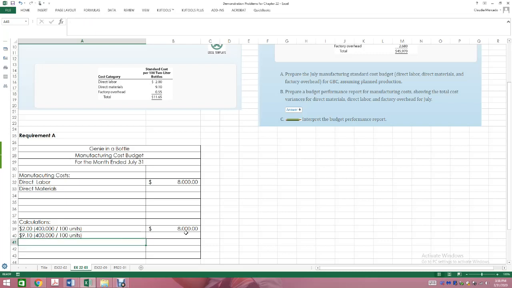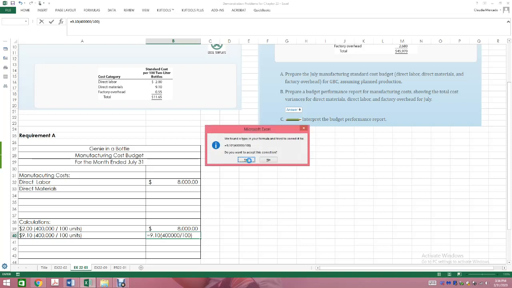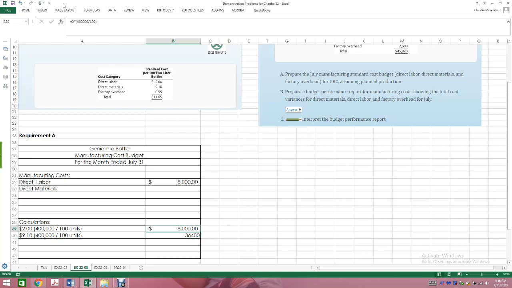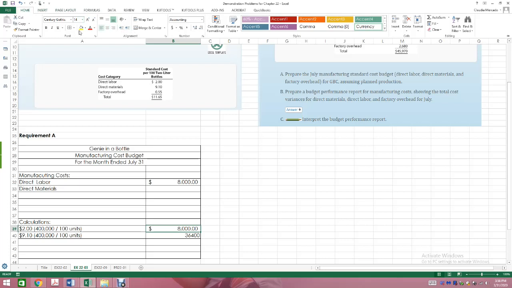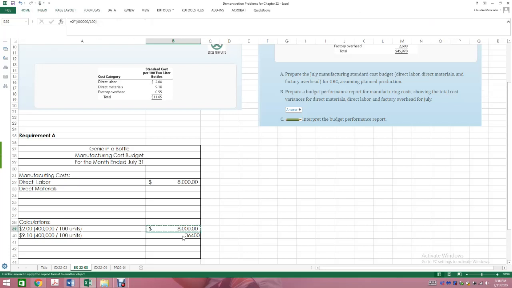So I'm going to do $9.10, and then the 400,000, and divide it by 100. That's going to give me 36,400. So that is how much I'm going to spend in materials. I'm going to spend $36,400 in materials.